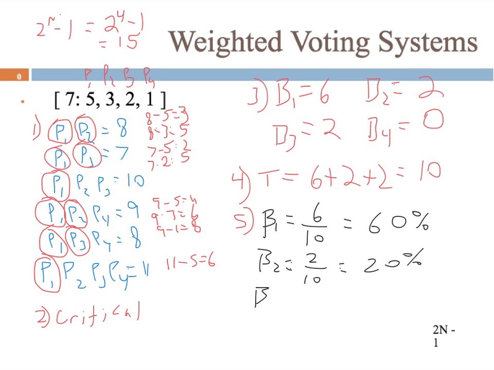Beta 3, same thing, 2 out of 10, so 20%. And beta 4, 0 times out of 10, so 0%. So there is our Banzhaf power distribution with all 4 of the indexes for each player. So we can see that player 1 definitely has the most power in this system.